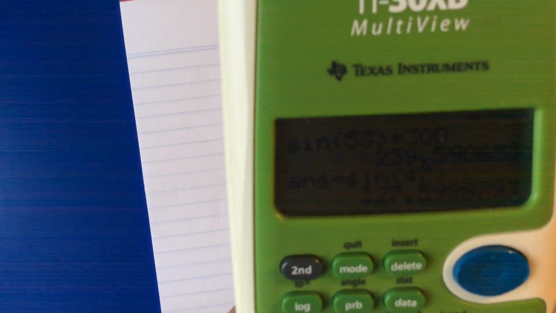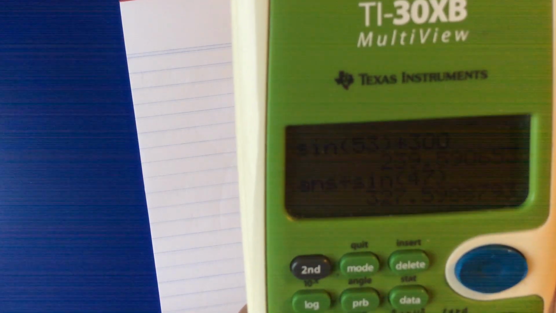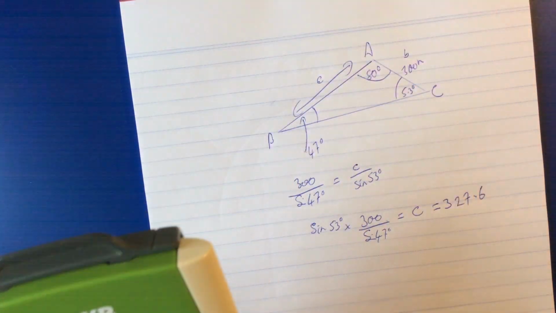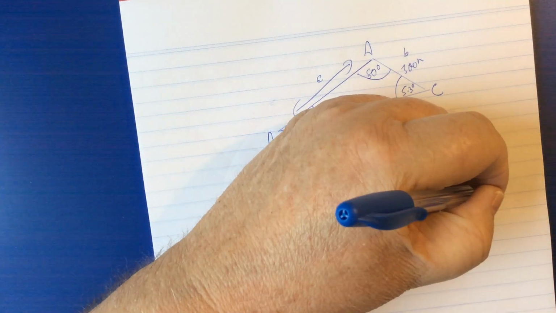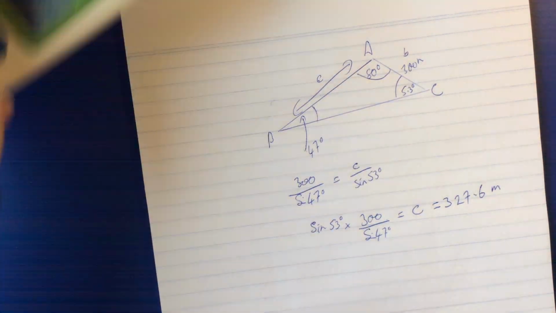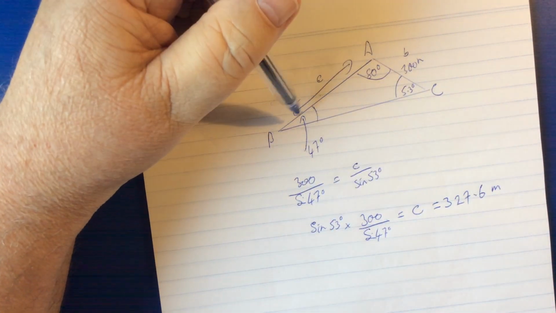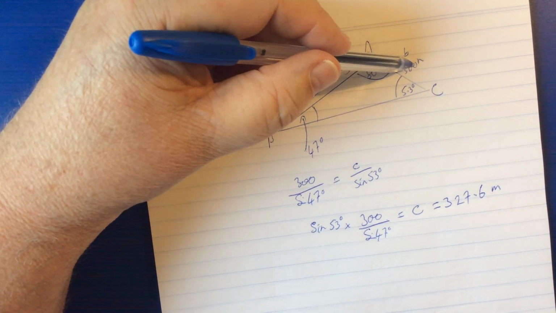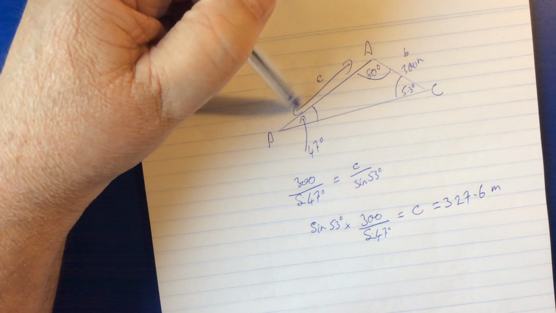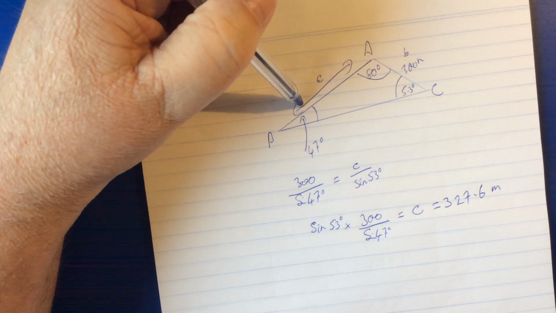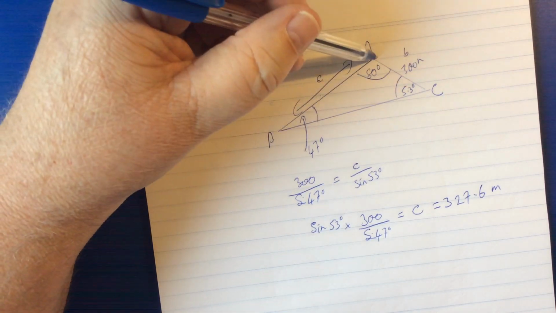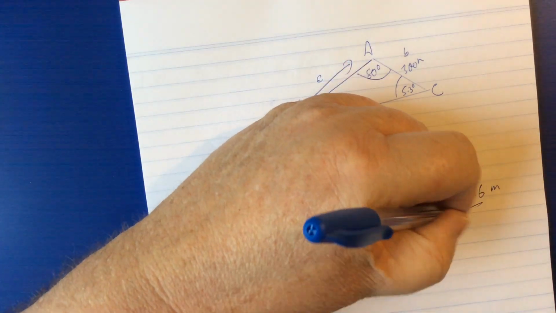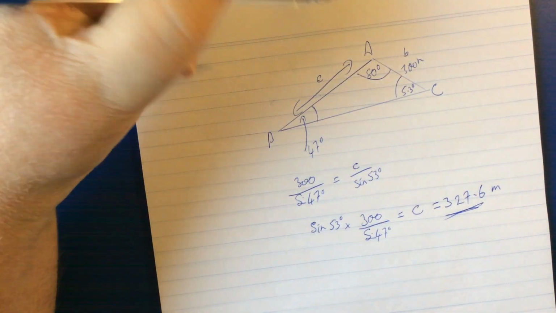There's my working there. You can see that on the calculator, 327.6. That is reasonable given the angles and this length. Don't, as I say, pay attention to the relative size of my drawing of this length compared to that. That is how we find it.